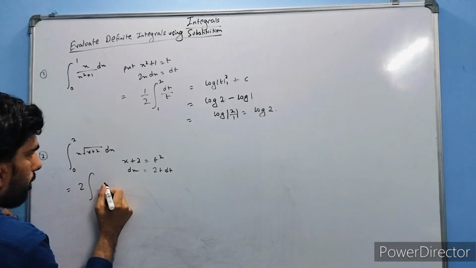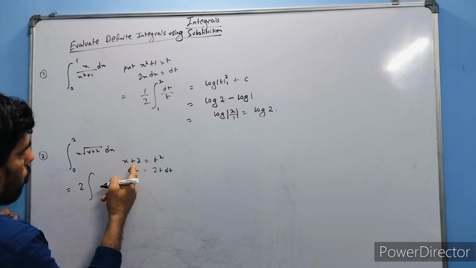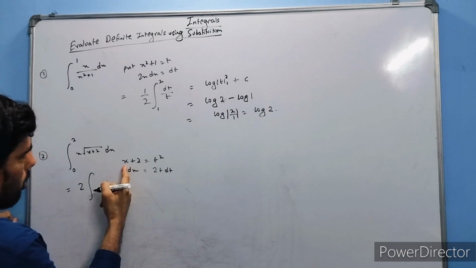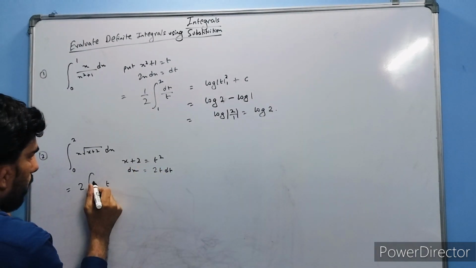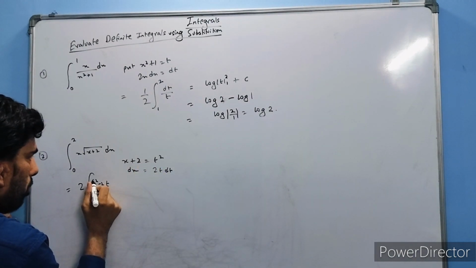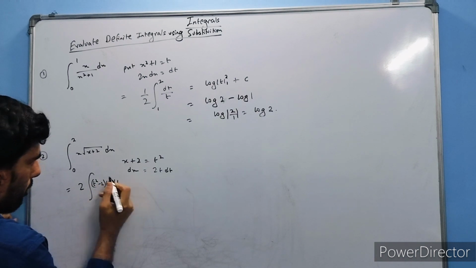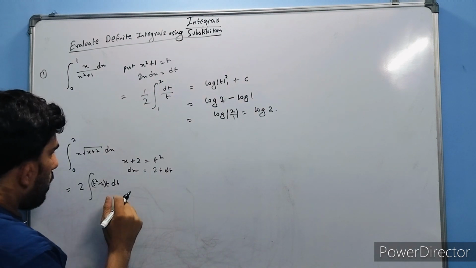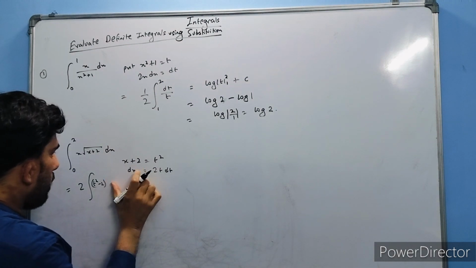Okay, so now we have taken x plus 2 as t square, so root of it will be t, and what will be x here? x will be t square minus 2. Okay, so now I have this. So what will be dx here?